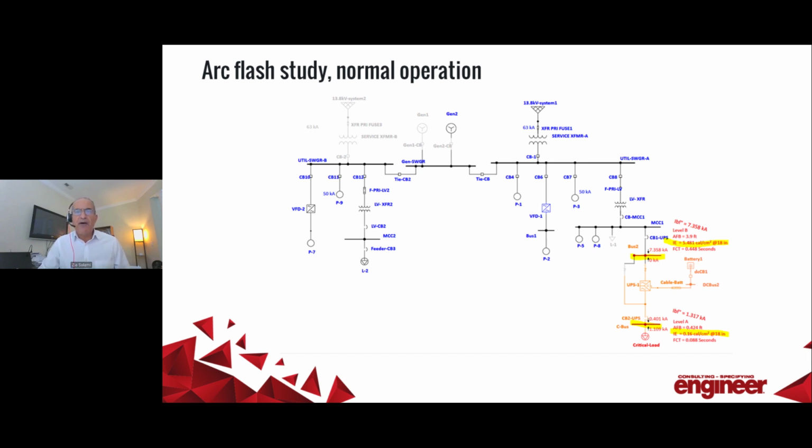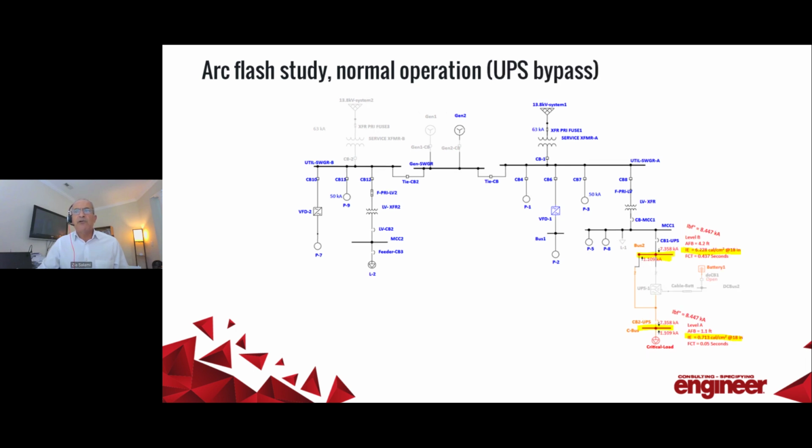In normal operation, the current comes from the UPS system, and if we are analyzing the output of the UPS, one thing we need to consider is that we always need to do both input and output arc flash assessments, because they would have different incident energy calculations, and definitely there would be a different label you may have to use. Focusing on the output, it is about 0.16 calories per centimeter squared. This is when the UPS is in normal operation.